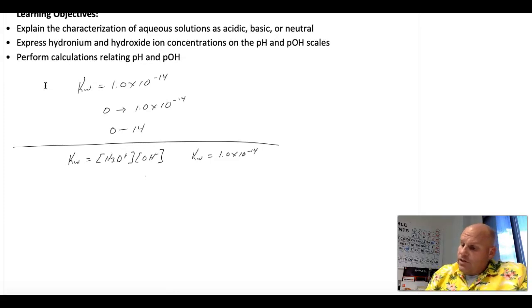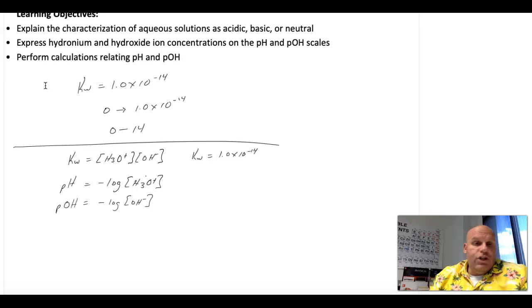If I take the negative log of the H3O plus concentration, I am calculating the pH. If I take the negative log of the OH minus concentration, I am calculating the pOH. Finally, the relationship between pH and pOH is that added together, they equal 14.